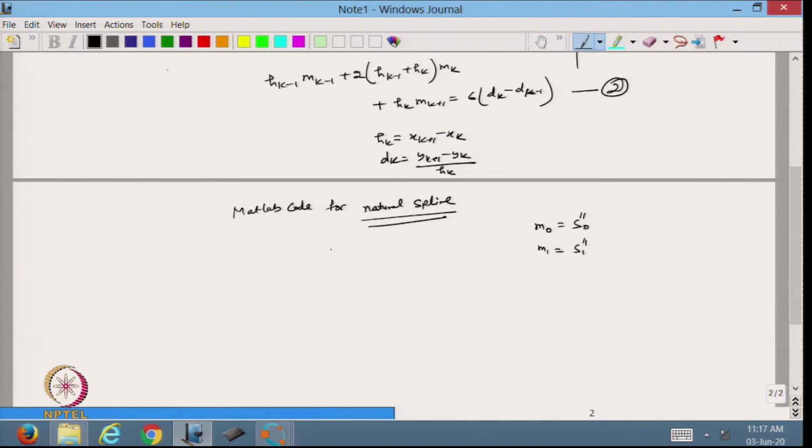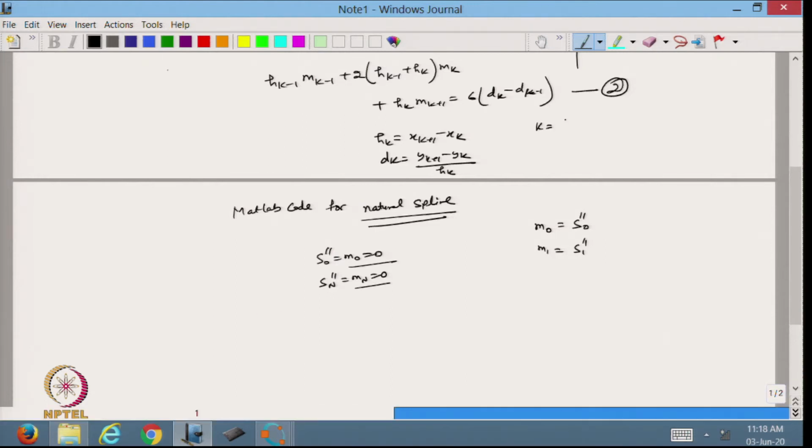In the natural spline, it is given that s0 double dash, that is m0, is equal to 0, and sn double dash, that is mn, is also 0. So at the boundary points, m0 and mn are 0. This is given to me, and k runs over 1, 2, 3 up to n minus 1.